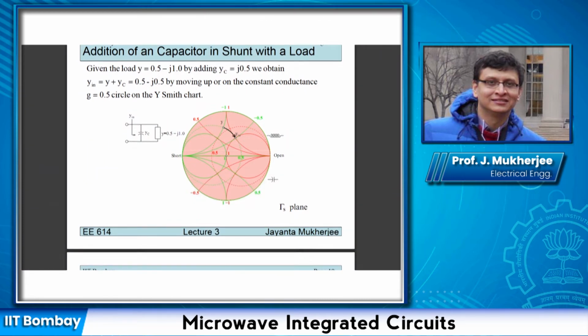Now if we add in admittance Yc in shunt, then what happens? In the last lecture I described that this is like a movement along a constant conductance circle downwards. But how much do we move? We have to move along a constant conductance circle so that the susceptance changes from minus 1.0 to minus 0.5. So we can locate this.